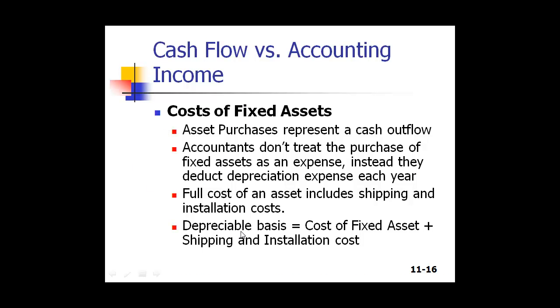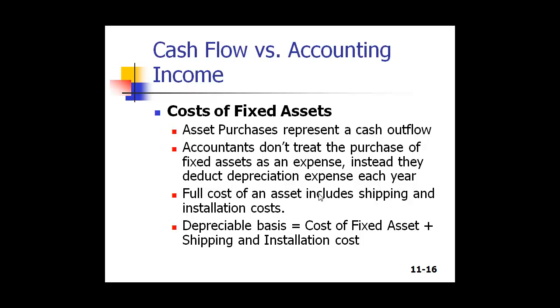Another side remark: if you buy equipment for 20,000 and then it costs another 5,000 to ship it to your location, set it up and get it running, what amount do you show as an asset? 20,000 or 25,000? You show that entire amount as an asset, and that simplistically becomes the depreciable basis.